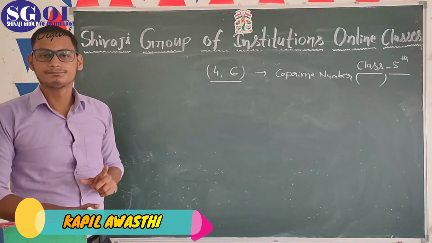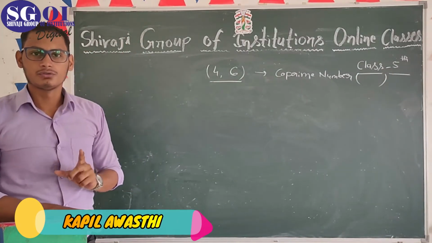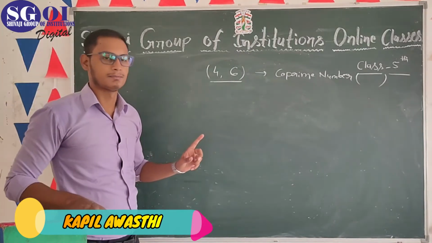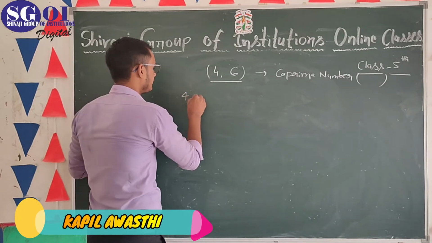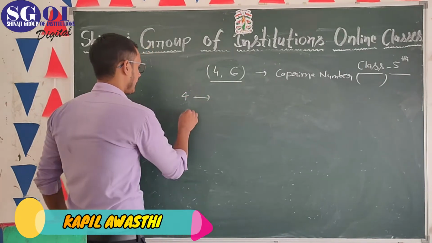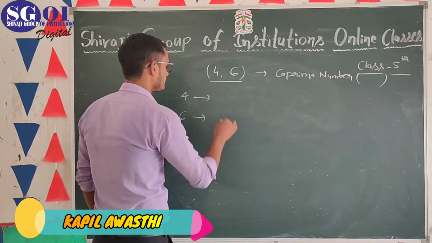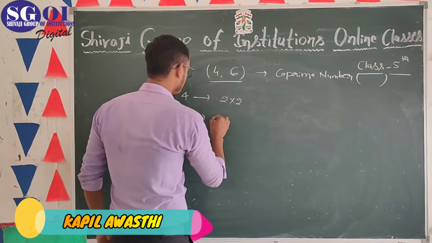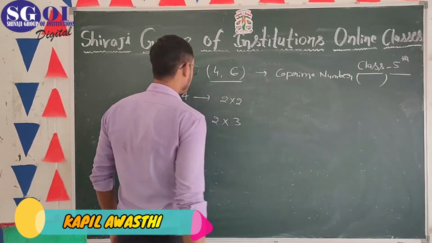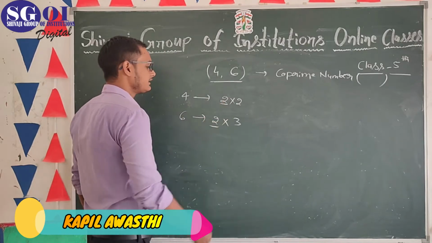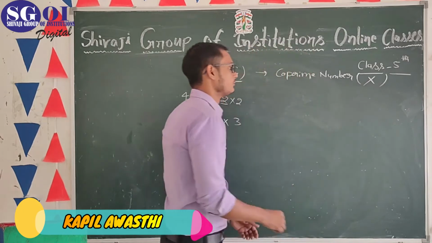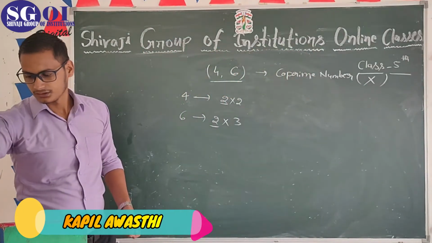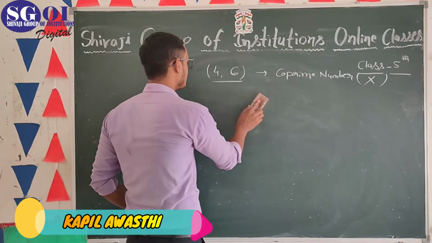Co-prime numbers are two numbers which have no common factor. The factors of 4 are 2, 2, and the factors of 6 are 2, 3. The common factor is 2. So this is not a co-prime pair.